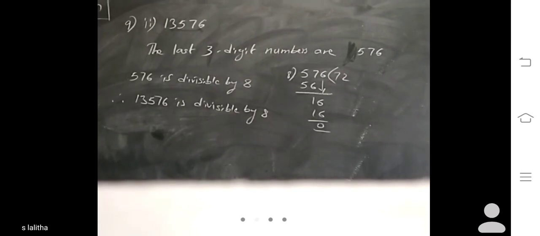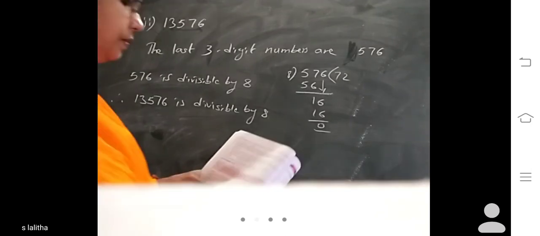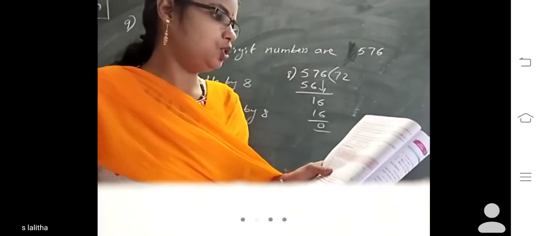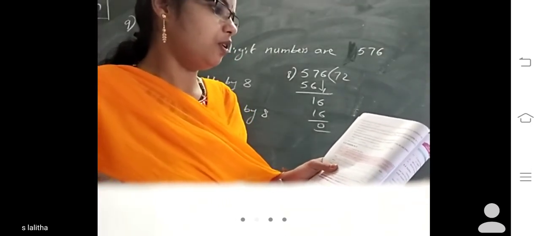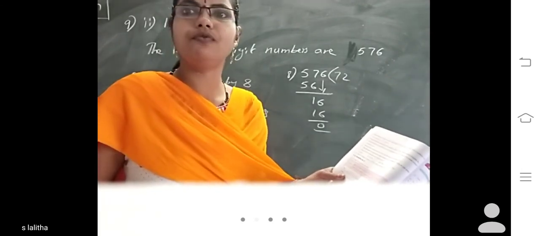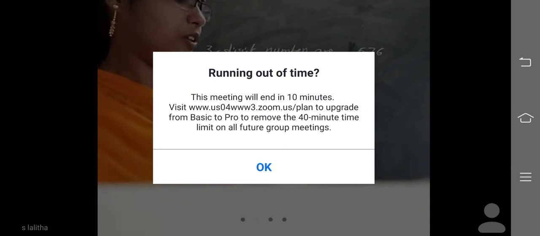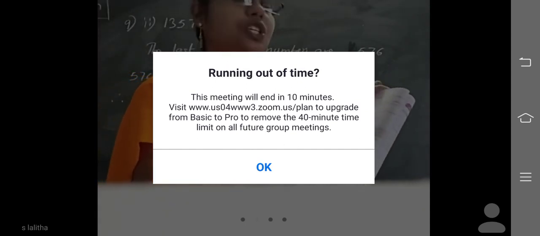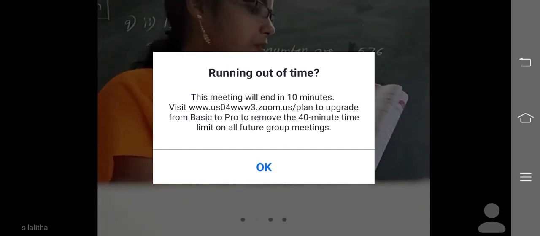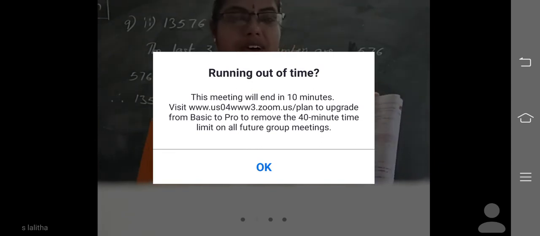Next question, see. Write the nearest number to 12,345 which is divisible by 4. So here the last digit in the ones place is 5, so it is not divisible by 4. Which number is nearest to this number that is divisible by 4?